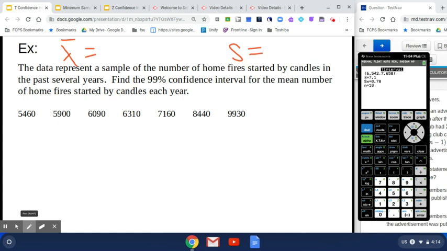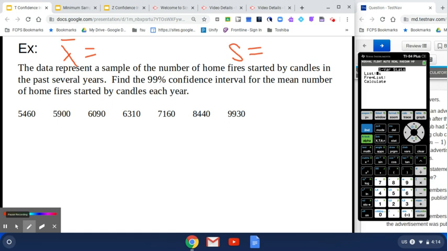So going to the calculator, I'm going to go ahead and enter these values. I just went to stat and edit, and I'm going to enter these values into list 1. Okay, after we have those values entered, we're going to go to stat and calculate 1 var stats.